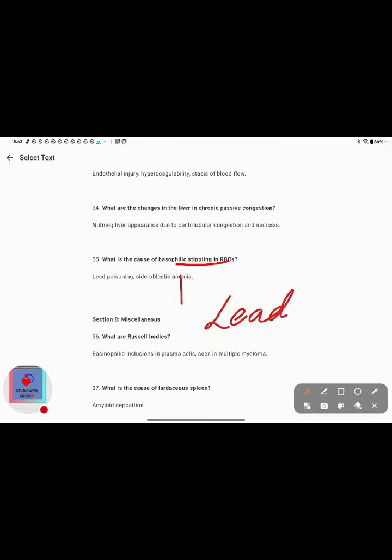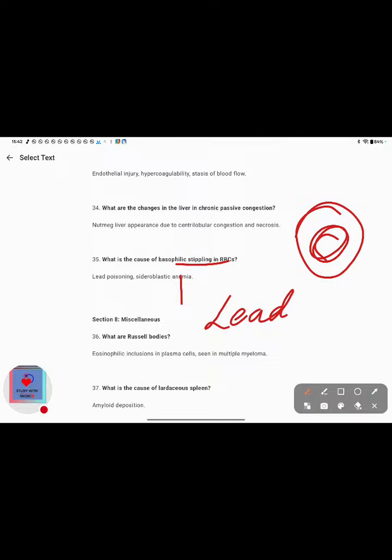Okay, nutmeg is nothing but the jaifal. Jaifal is a spice. Okay, so it looked like a nutmeg because of centrilobular necrosis and congestion.